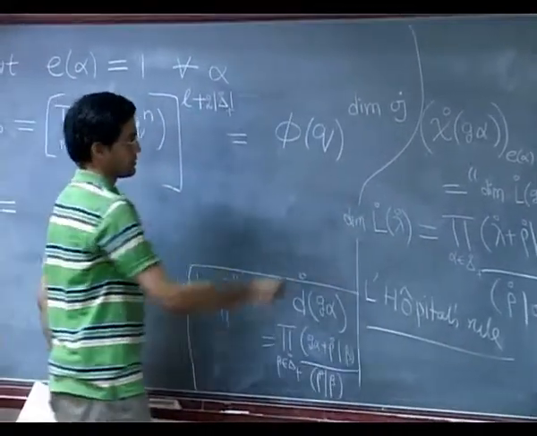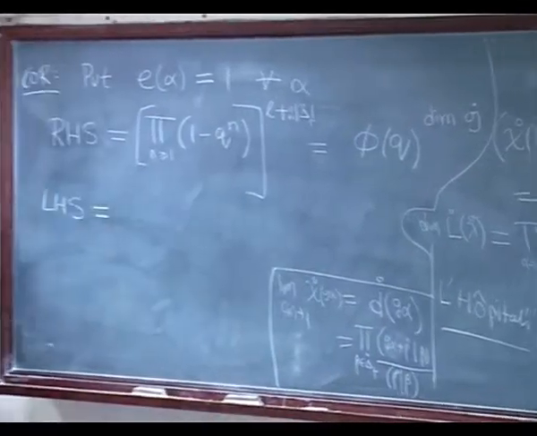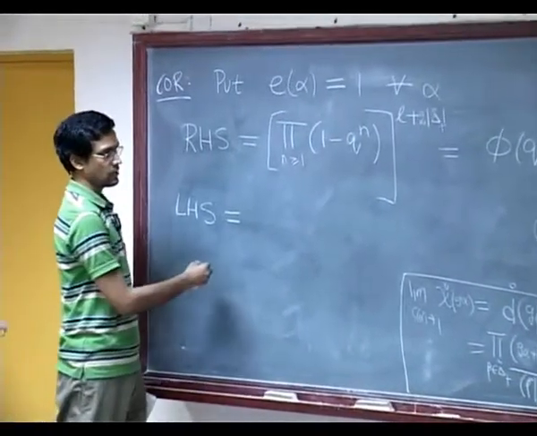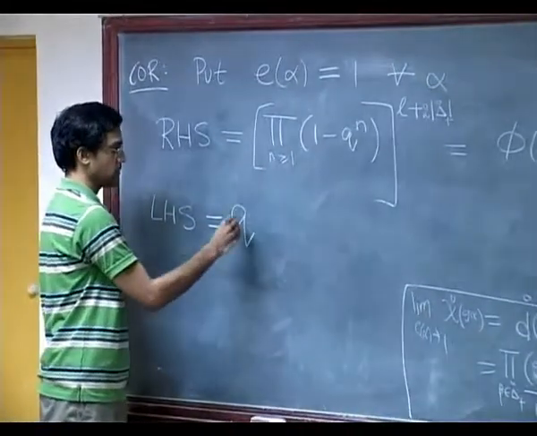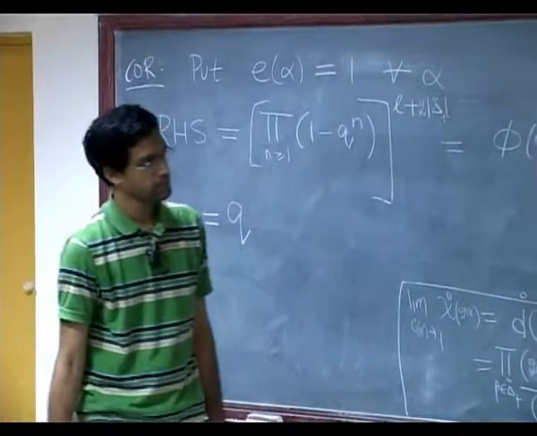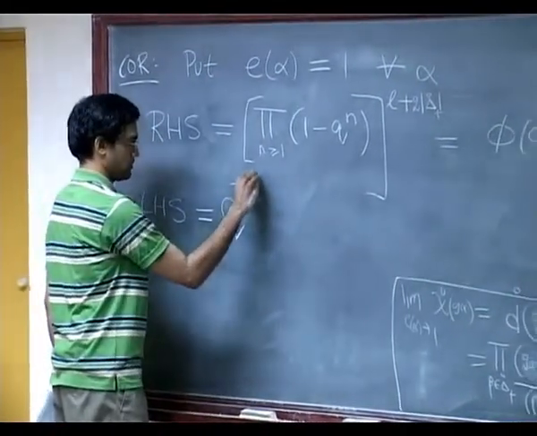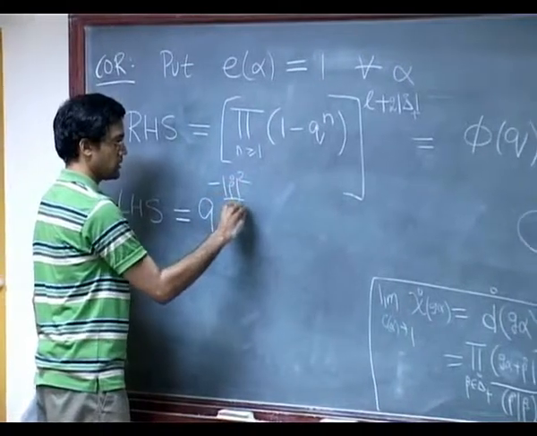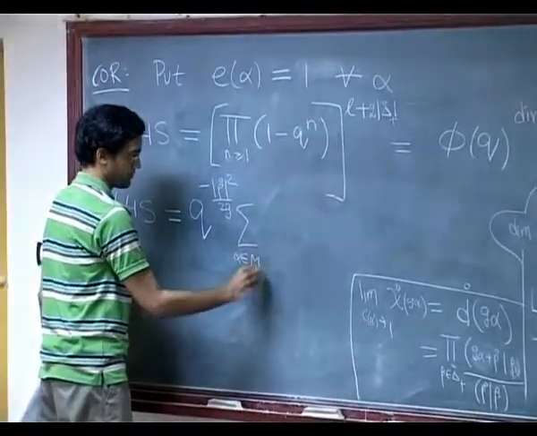Okay. But anyway, there is this well defined quantity that you can compute, and so the left hand side now becomes, when you specialize, when you set this limit, it becomes q to the minus rho square over 2g sum for all alpha and m.